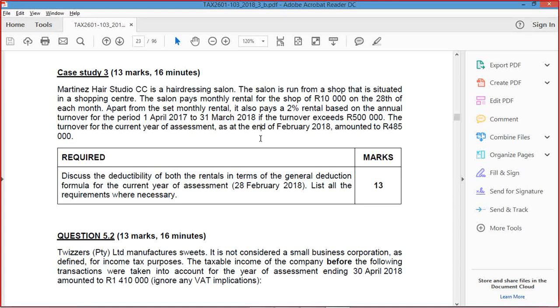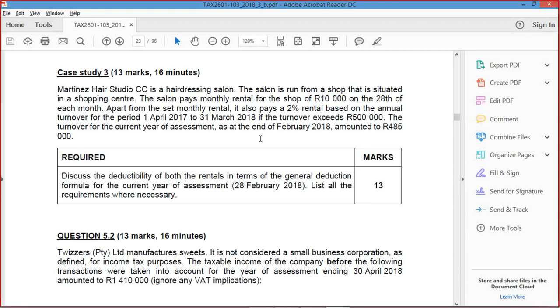Okay, so would the rent meet the definition? Would it be deductible? So we've established that rent is deductible. Do you agree? Yes, sir. Okay, but here they're asking you to discuss the deductibility of both the rentals. So what about the other rental, apart from the 10 grand a month?